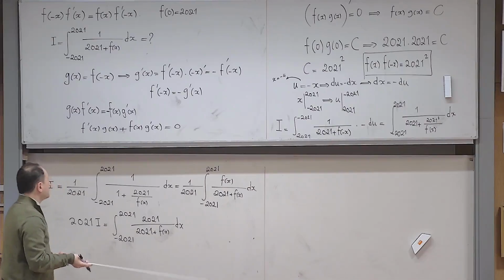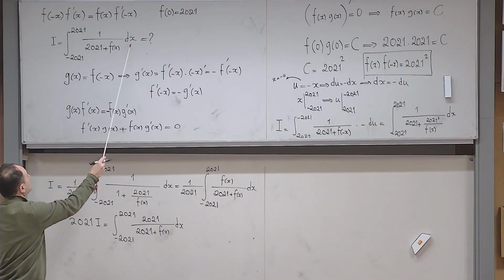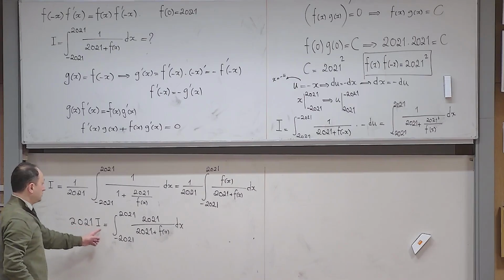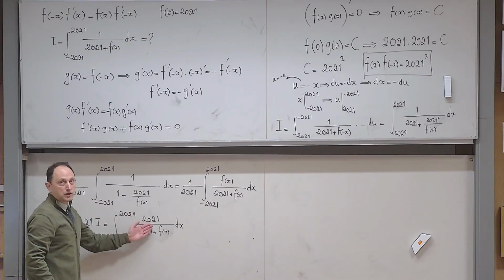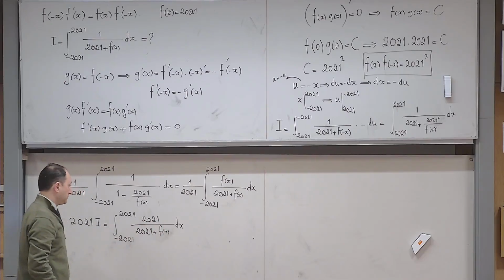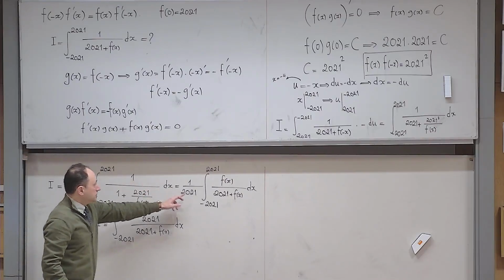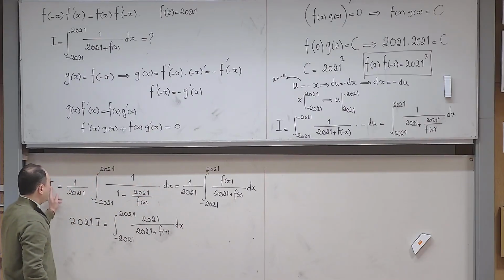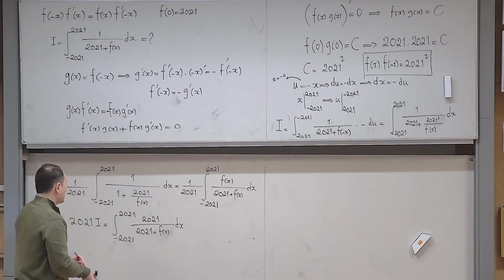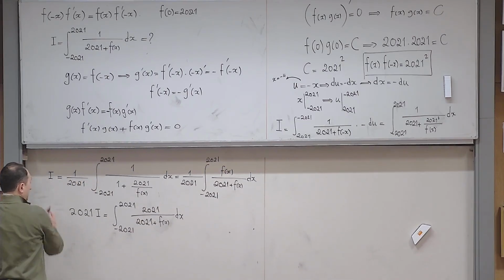Yes, that is very simple. I just multiplied both sides by 2021 and I flipped the constant 2021 into my integrand. Okay? But now here I is equal to this expression. I will also multiply both sides of this by 2021.